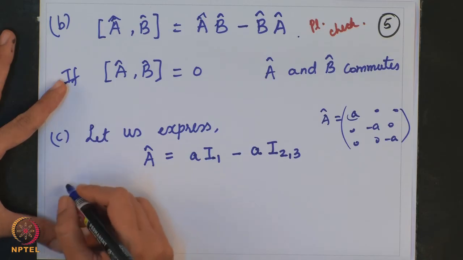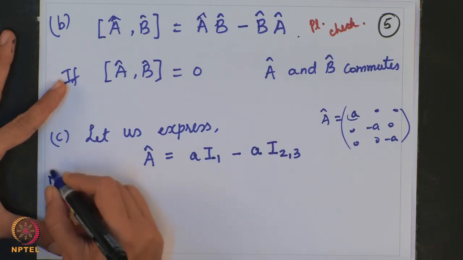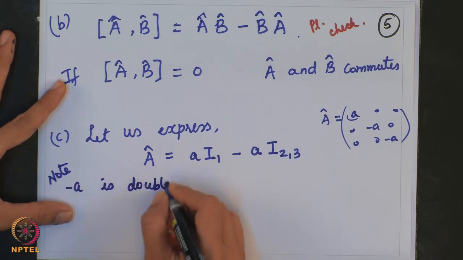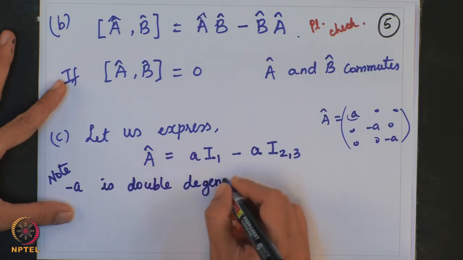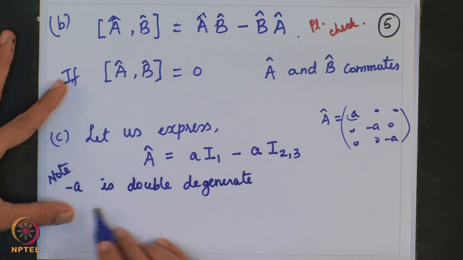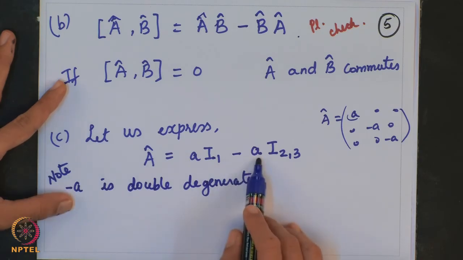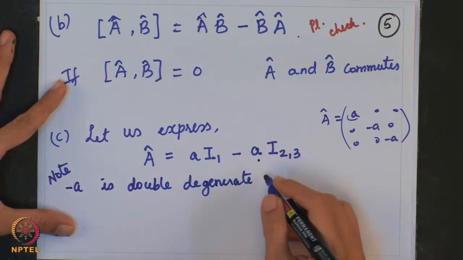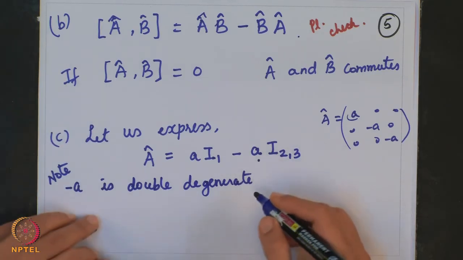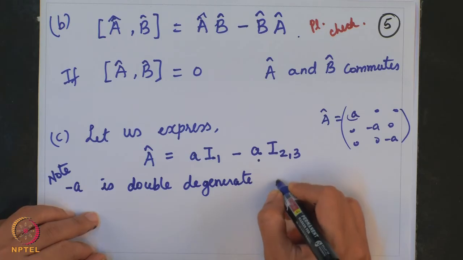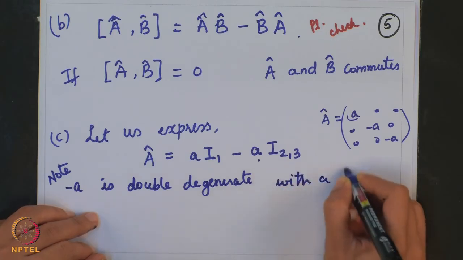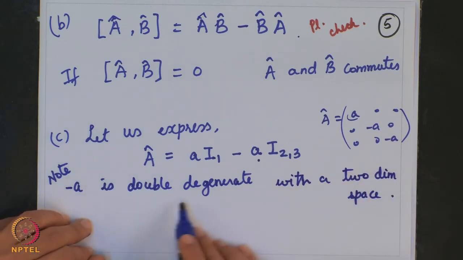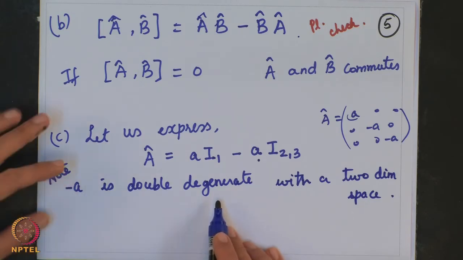Then just note this, that minus A is double degenerate. The eigenvalue minus A is double degenerate, with a two-dimensional space.